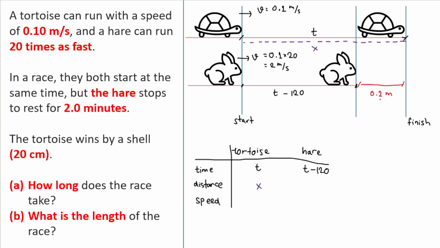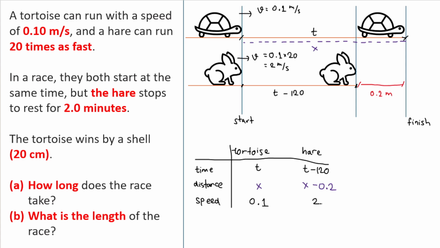But the hare finished 20 centimeter short of the tortoise, so I will have x minus 0.2. And then what is their speed? For the tortoise we will have 0.1, and for the hare, we have 2.